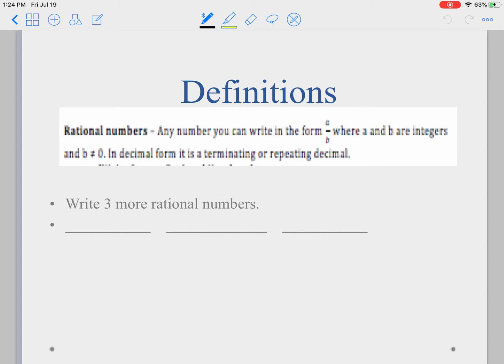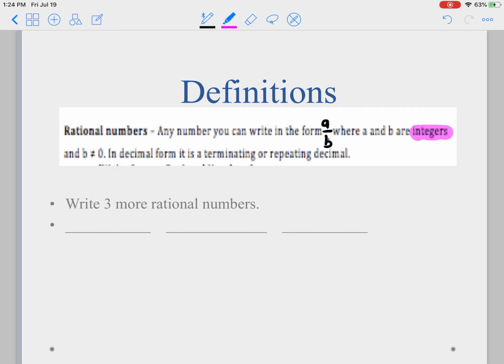As you may notice, I did not include specific numbers because I want to highlight that a rational number is any number that you can write in the form of A divided by B, so written as a fraction, where A and B are integers.